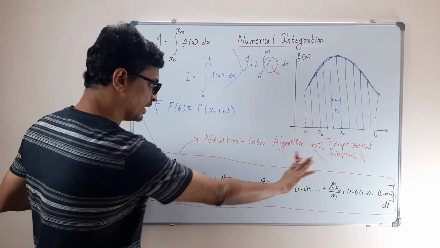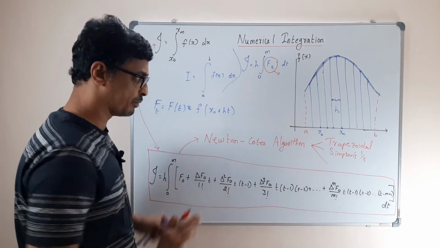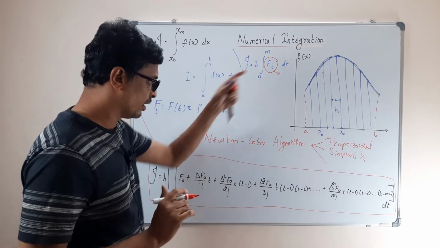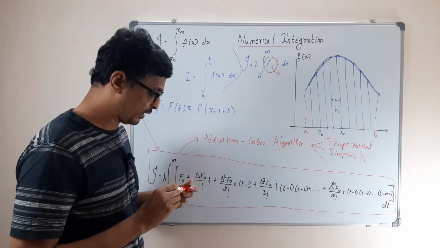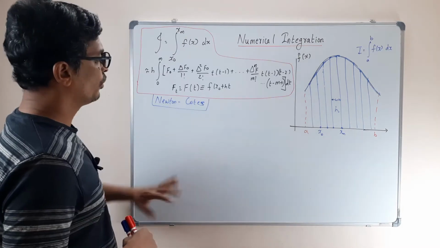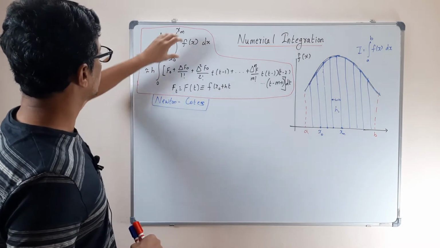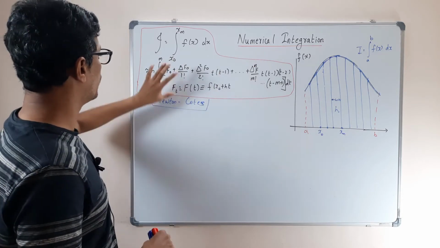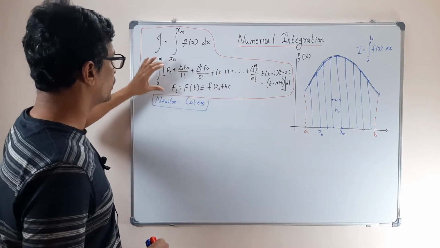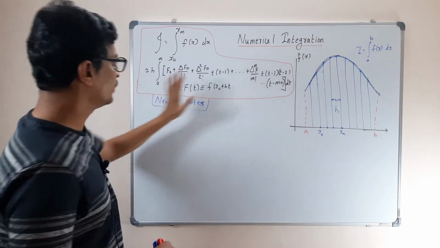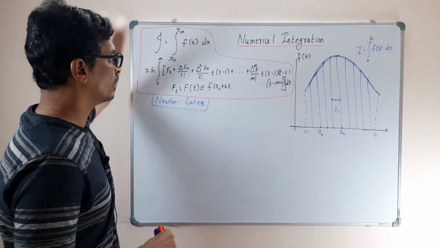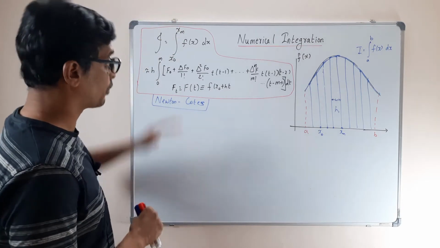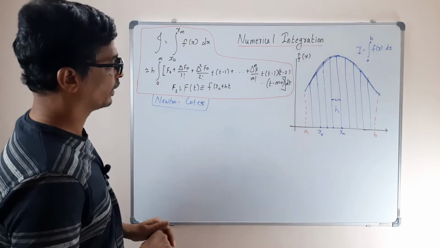So this is the basic governing integration which we have to perform, and if you perform this integration, we have successfully performed the actual integration numerically. So basically, we have represented the integrand as a polynomial, and once we integrate this polynomial, we get the approximate value for the integration.